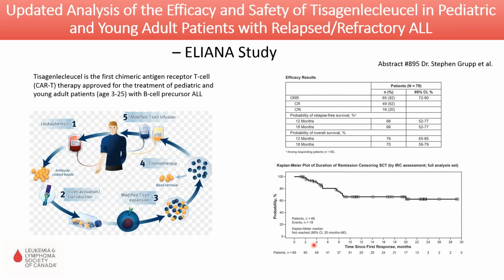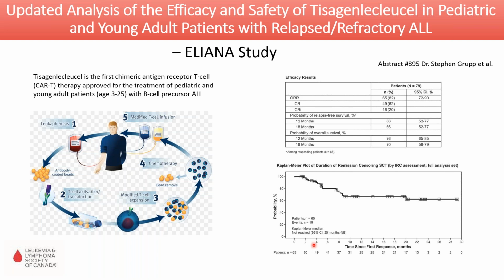So this particular study is really just showing the update of the long-term data. And what's important is the remission rates are prolonged, and the overall survival rates are excellent. So we're talking at 18 months, 70% of patients are still alive and well.